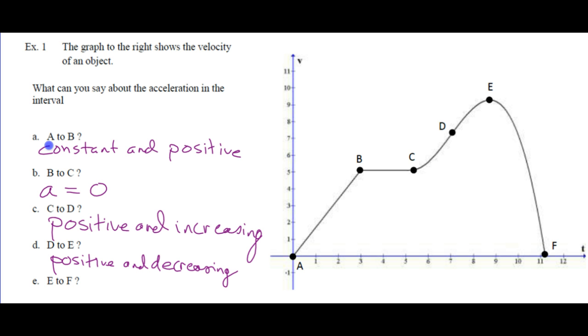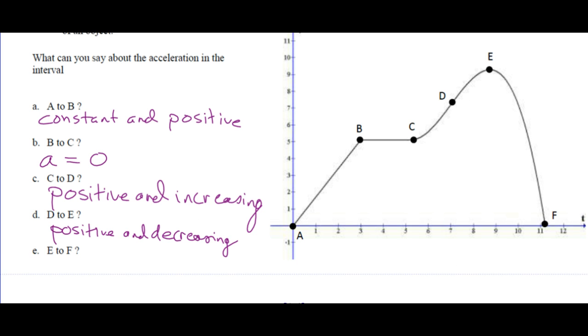And e to f, now don't think of decreasing as going down and increasing as going up. Think of increasing as, so this is increasing, right? Because the slope is getting steeper. So it's negative, that's its direction, but it's increasing because it is getting steeper.